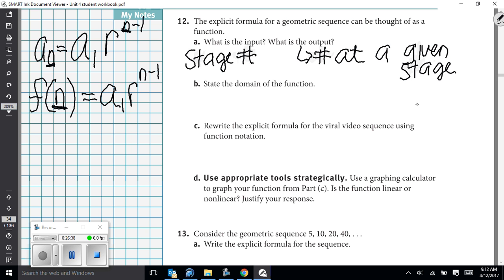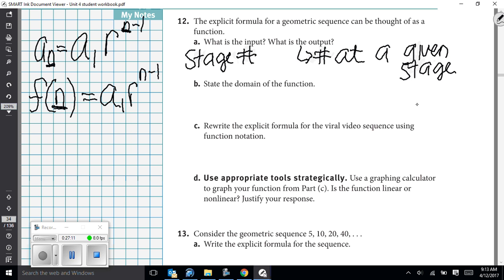So now let's look at the domain. What does domain mean? It's your input. In this case our input is our n, and what does n represent in a geometric sequence? It's our stage. Looking at our stage, we have a starting point.